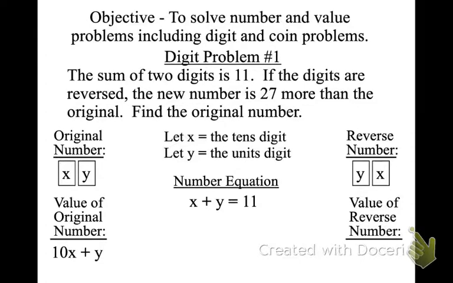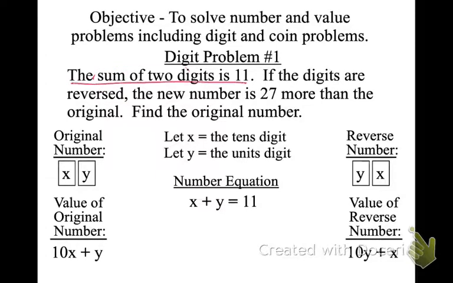Now, the second sentence is always talking about the reverse. You have to use the reverse values. So the first one was the sum, there is no "and", so we're just adding two digits. We've got that equation. That's done.